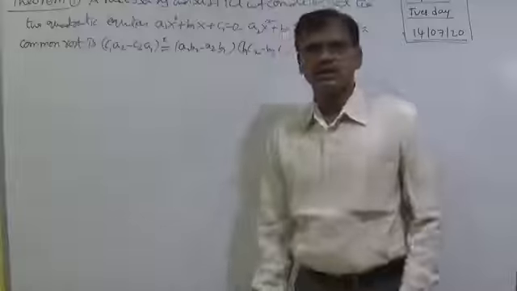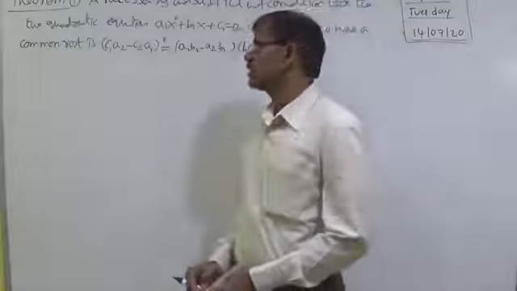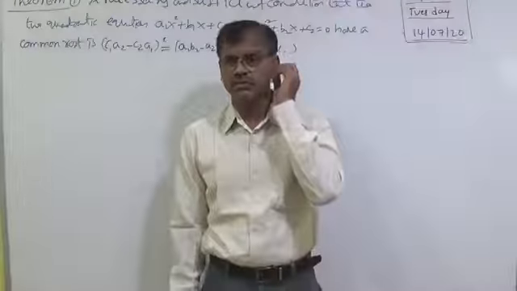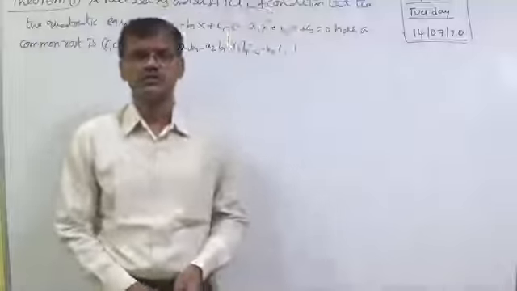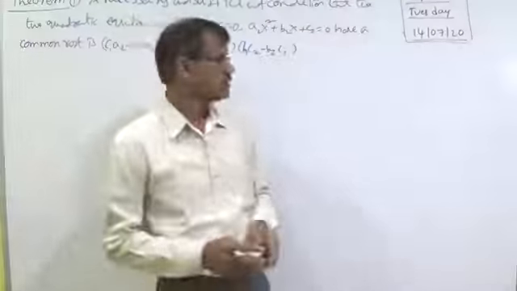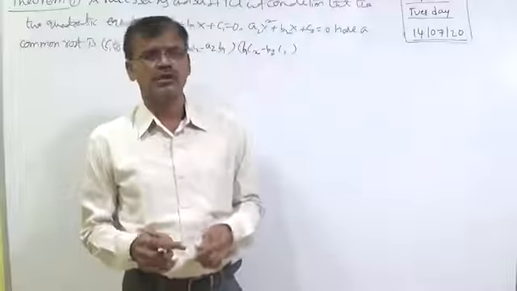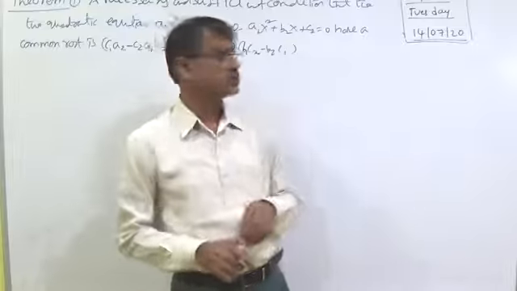So the necessary and sufficient condition for the quadratic equations a1x square plus b1x plus c1 equal to 0 and a2x square plus b2x plus c2 equal to 0 to have a common root is that c1a2 minus c2a1 whole square is equal to a1b2 minus a2b1 into b1c2 minus b2c1.